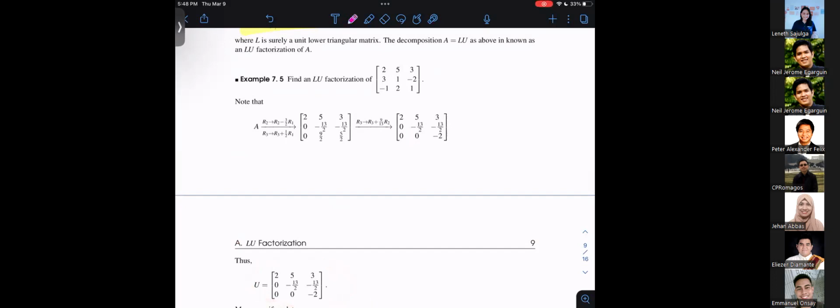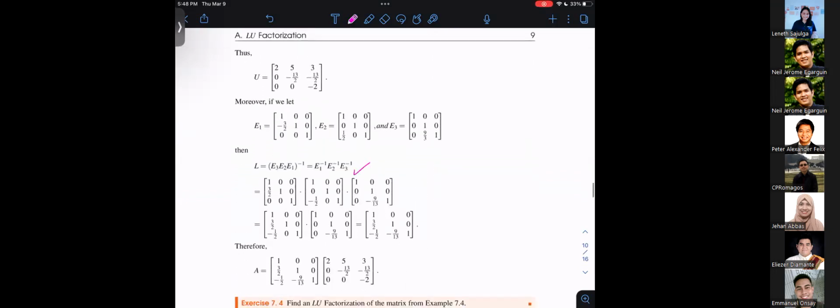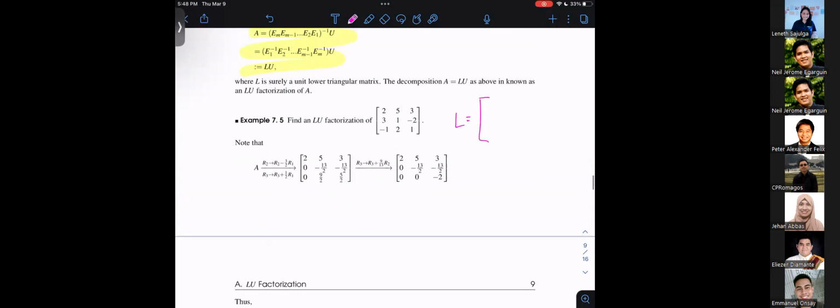Now, the lower triangular matrix can be computed in the same way as the example did, multiplying all those elementary matrices. But I don't want to do that. I want to save some time or some computational resources. Rather than multiplying matrices, I'll just do the lexicographic assembling of the matrix L. Now again, matrix L, all ones on the diagonal, zeros on all entries above the main diagonal.